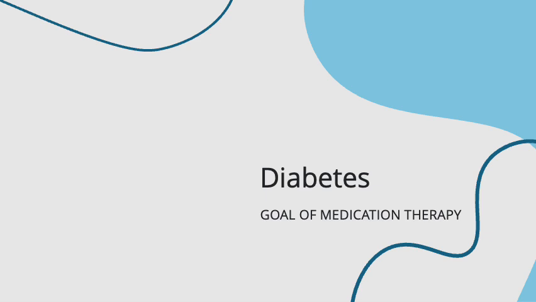This is usually managed with diet and insulin until the baby is born, at which time the diabetes usually spontaneously resolves. The goal of medication therapy for endocrine disorders is to manage diabetes mellitus, thyroid disorders, hypothalamic disorders, and adrenal disorders, all of which we will talk about.